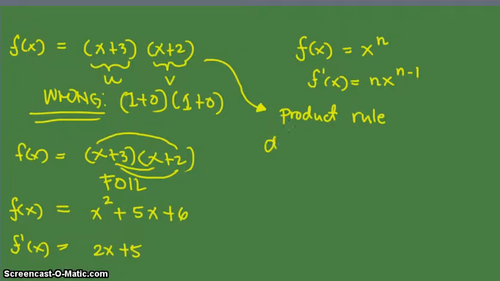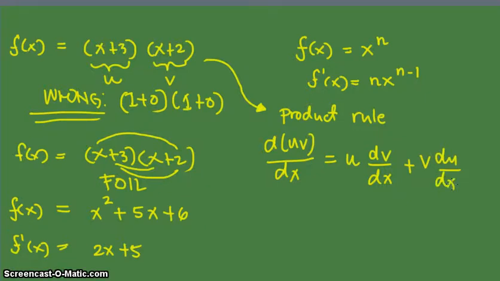So how do we differentiate the product of u and v with respect to x? The product rule says you copy the first factor, and then differentiate the second, v, with respect to x, and then you copy the second, v, then differentiate the u with respect to x.